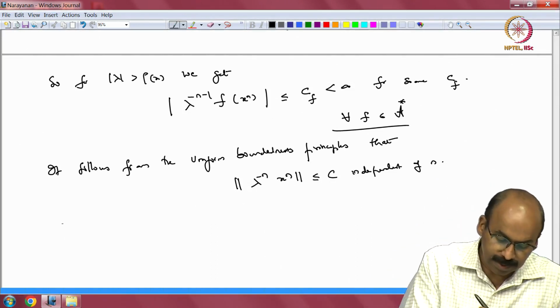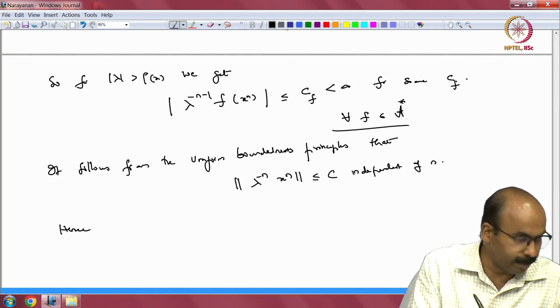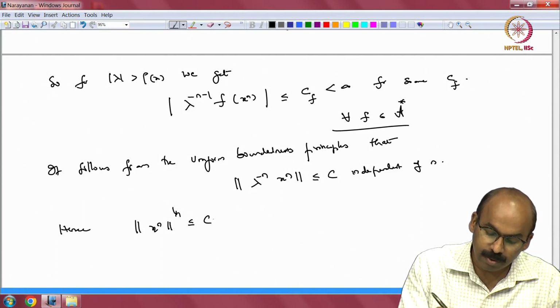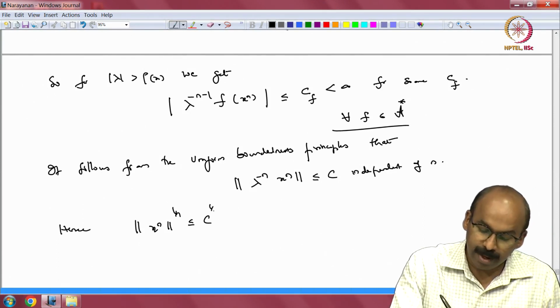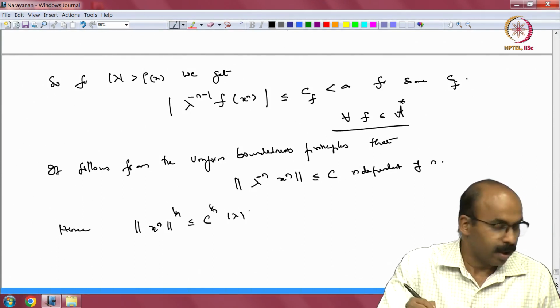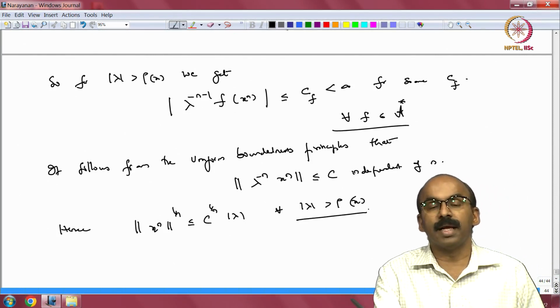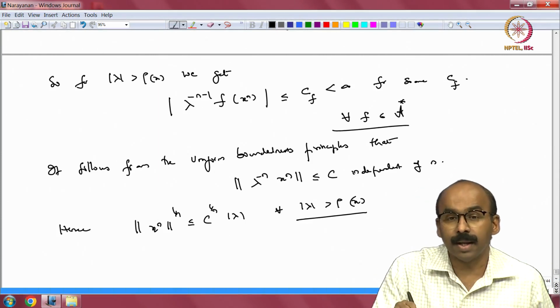Okay. Hence, now we are in good shape: norm x to the n to the 1 by n is less than or equal to C to the 1 by n times mod lambda, for every mod lambda greater than rho x, right. So, we will get that, and now you can take the limit.